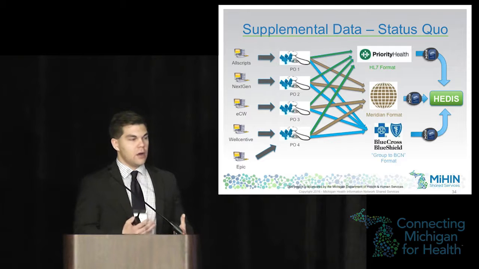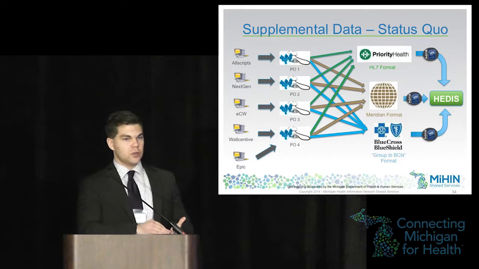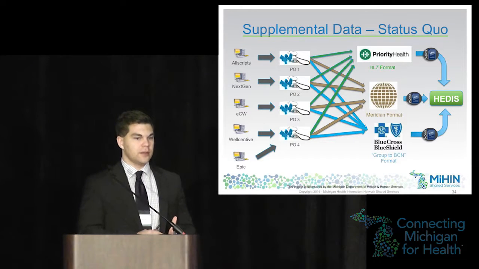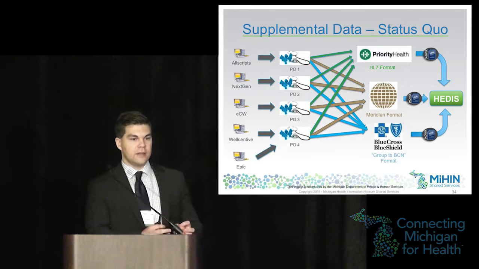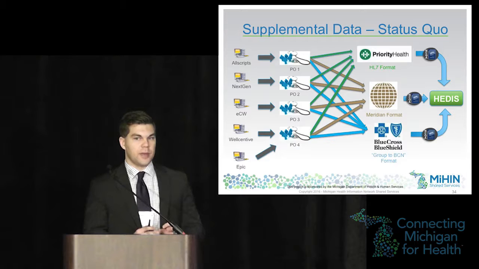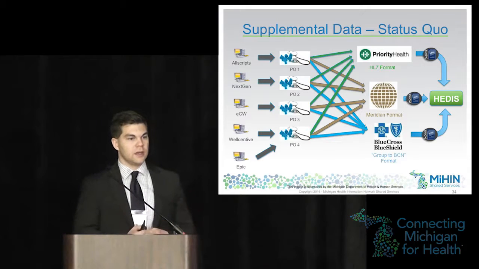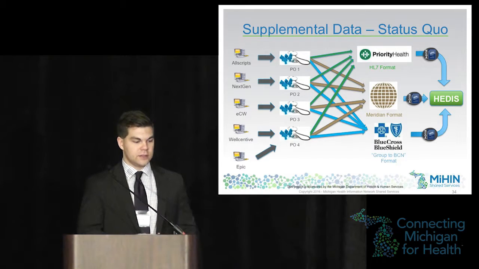The PO has to make an individual connection with each of the payers it wants to give data to and convert this raw data they're housing into the format that the payer wants. So Priority prefers HL7. Blue Cross wants the group to BCN format, which is a pipe-delimited file. And other payers want yet more formats, okay?